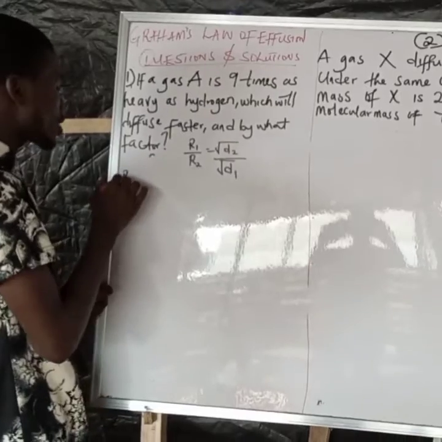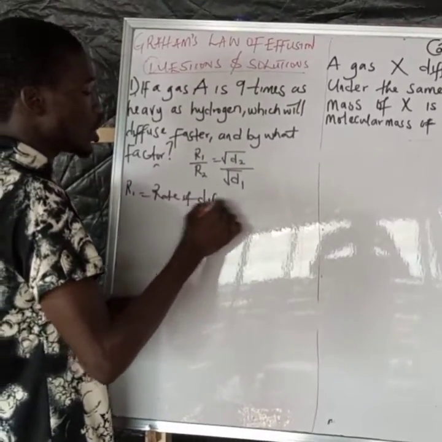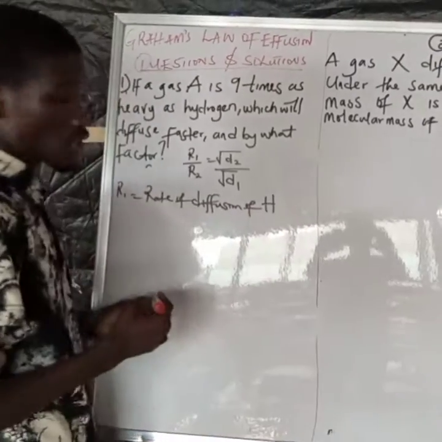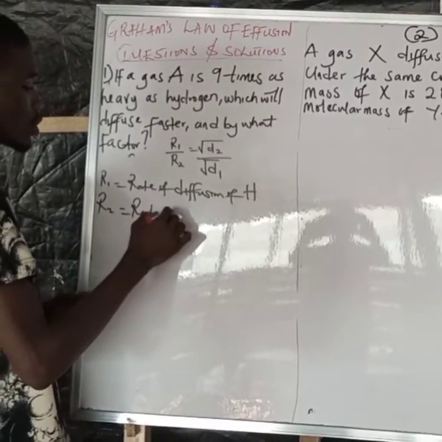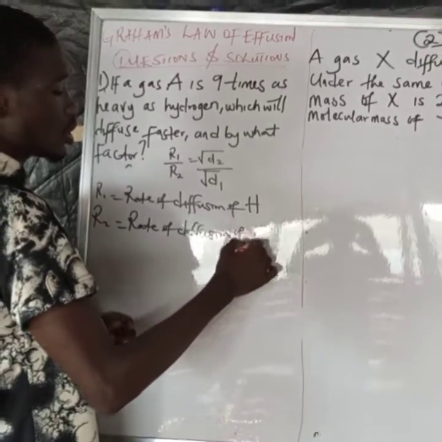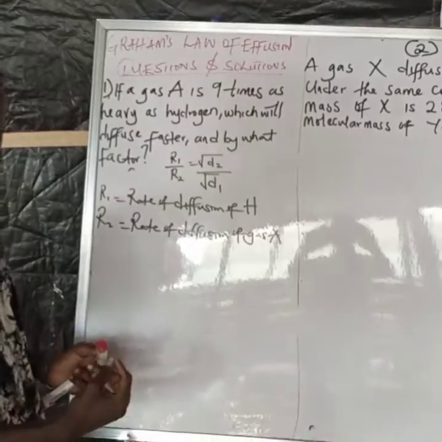So we have R1 to be rate of diffusion of hydrogen, while R2 is rate of diffusion of gas A.